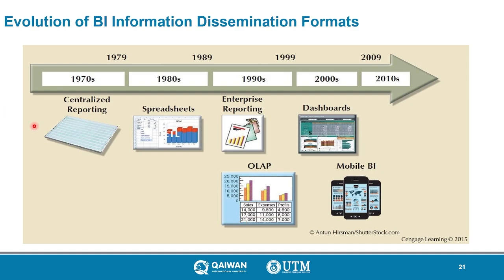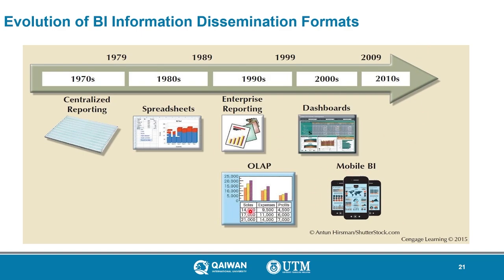Now, it was just like this, doing the file system, or let's say a big notebook that they would write everything on in the 1970s, from 1970 to 1979 and so on, or the 1980s. Then spreadsheets were developed and they used spreadsheets, then enterprise reporting. Now OLAP and mobile BI came in the late 2010s.